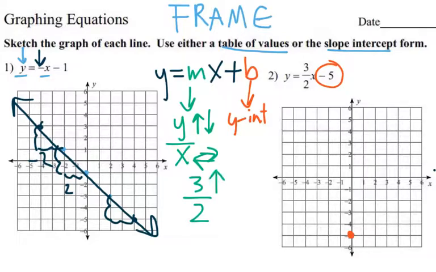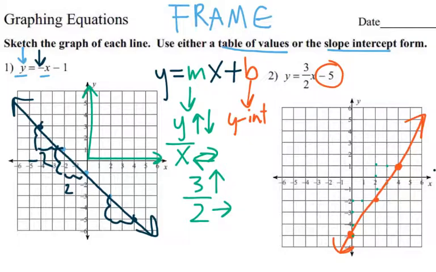Positive means up, and positive means to the right, just like on a graph, to the right is positive numbers, and up are positive numbers. So starting at that point, we go up 1, 2, 3, to the right 1, 2, and we draw our next point. Then we go up 1, 2, 3, to the right 1, 2, draw our next point, and we can keep going. 3 points is definitely enough, and we can draw our graph.